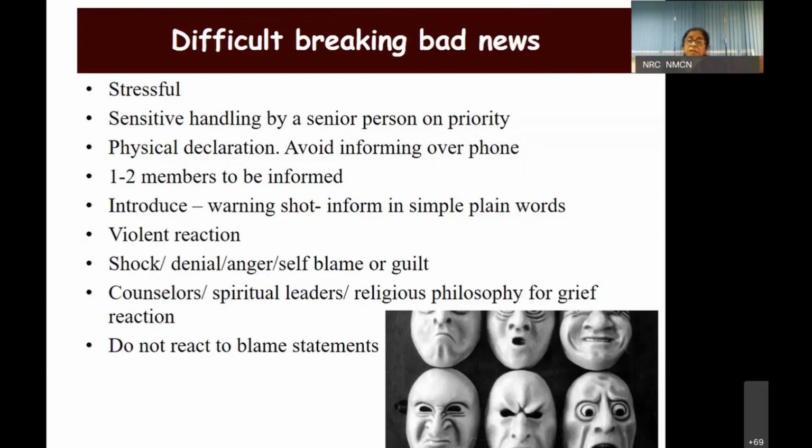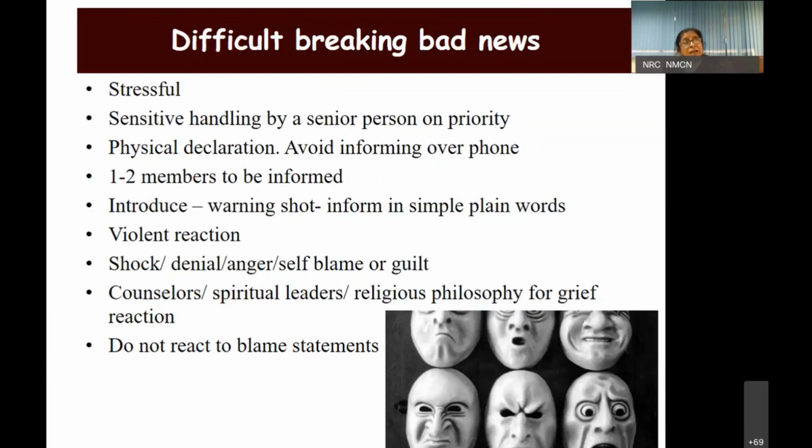These are things that you might and you will encounter, especially if we are talking about a sudden demise. You may need the help of people such as counselors, spiritual leaders. You may also need to put in your religious beliefs at some point in time.